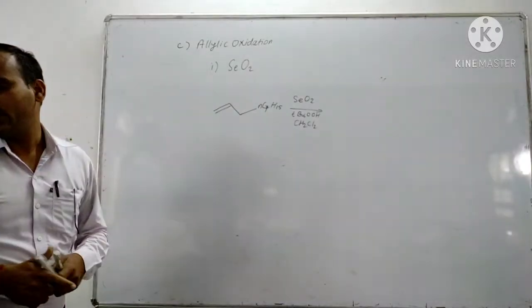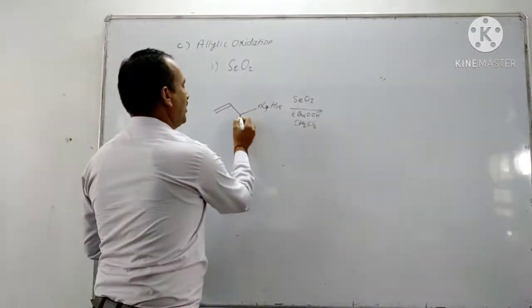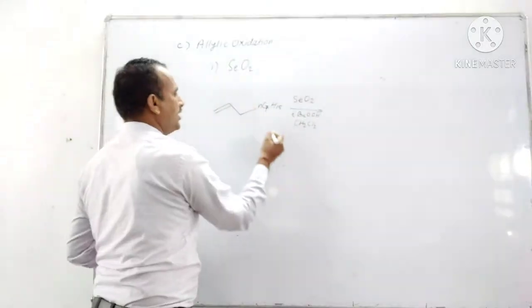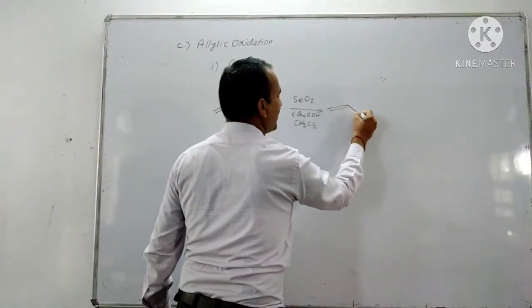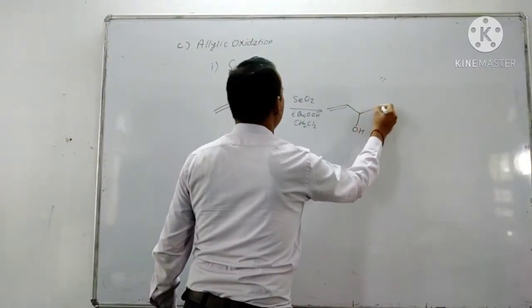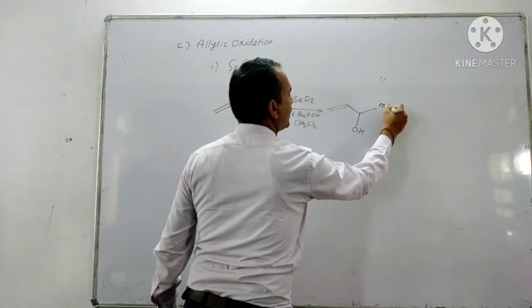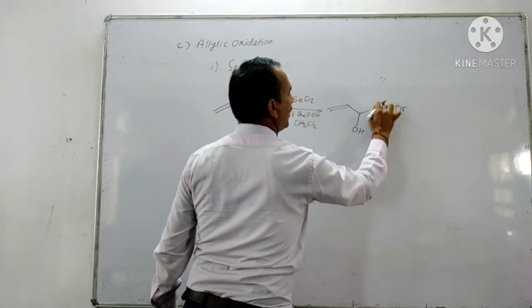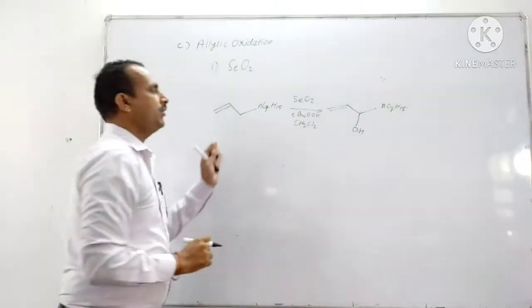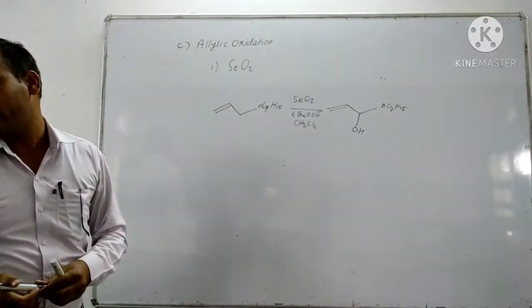So again here the allylic position is at this position, hydroxylation takes place, and C7H15. So this product is obtained by the selenium dioxide.